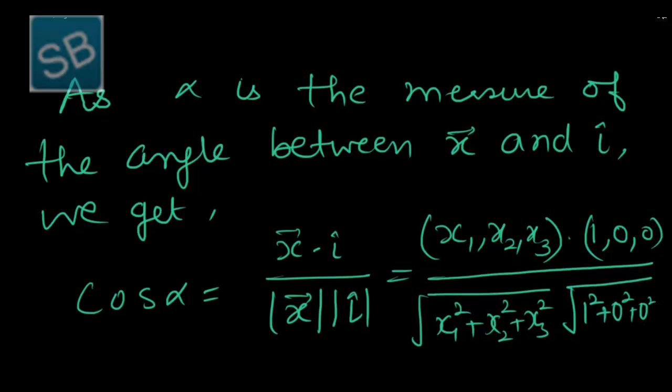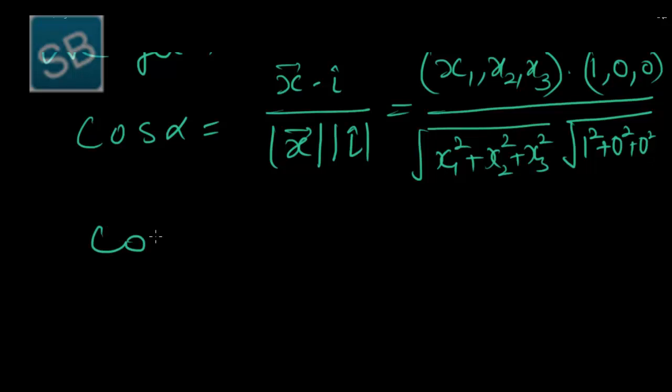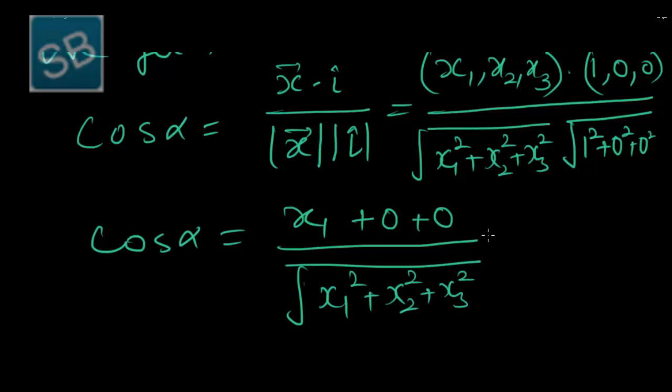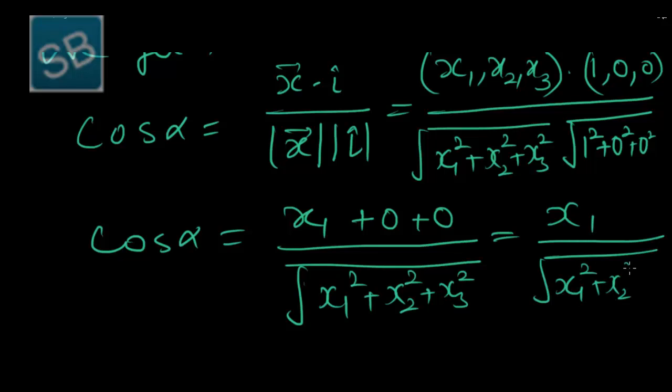So we get cos alpha is equal to x1 into 1 plus x2 into 0 plus x3 into 0 over under root x1 square plus x2 square plus x3 square. That is, x1 over under root x1 square plus x2 square plus x3 square.